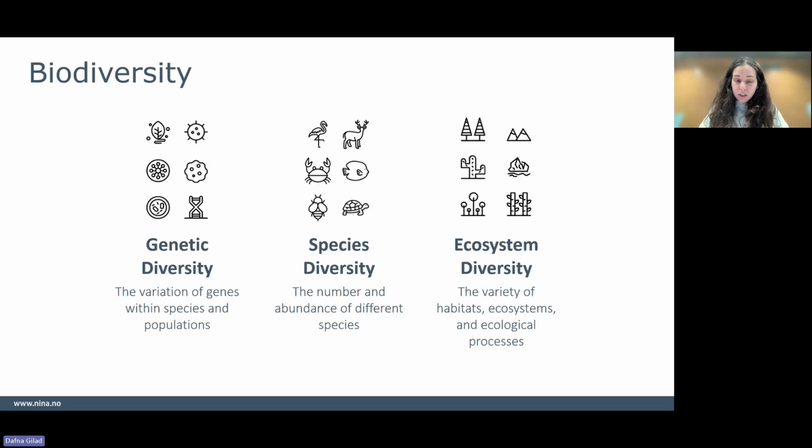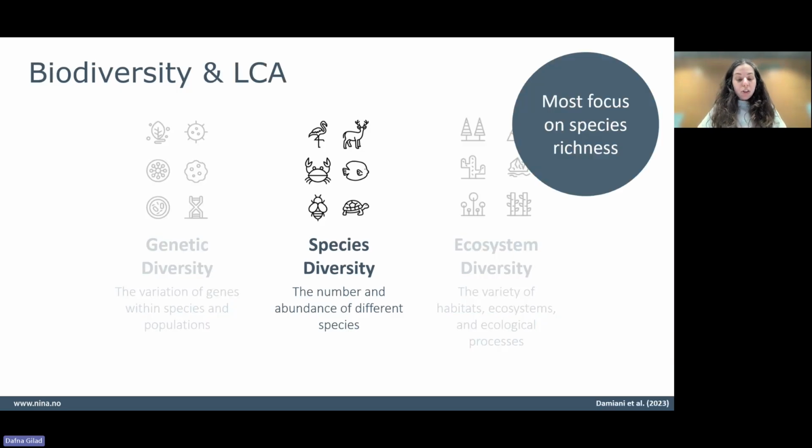So we have genetic diversity, species diversity, and ecosystem diversity. Why do I mention it? Because LCA does not cover these three dimensions equally, and it's important to acknowledge it. So there's a large share of biodiversity LCA models that focus on species richness. So they assess how stressors can lead to a reduction in species richness.